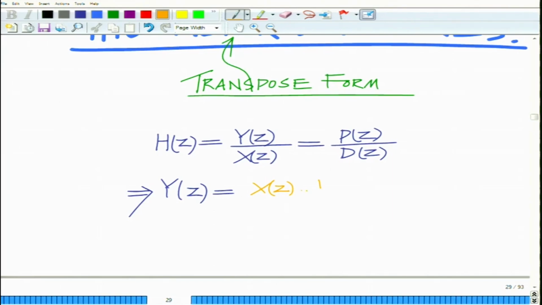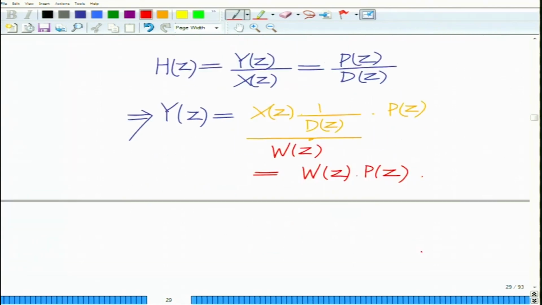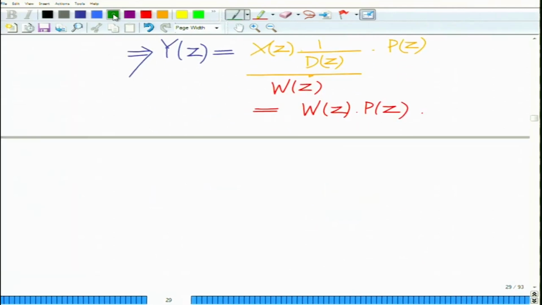Now, let us write it as a cascade of 1 over D(z) followed by P(z). Okay, and we will call this X(z) over D(z) W(z), and therefore, I can also write this as W(z) times P(z).